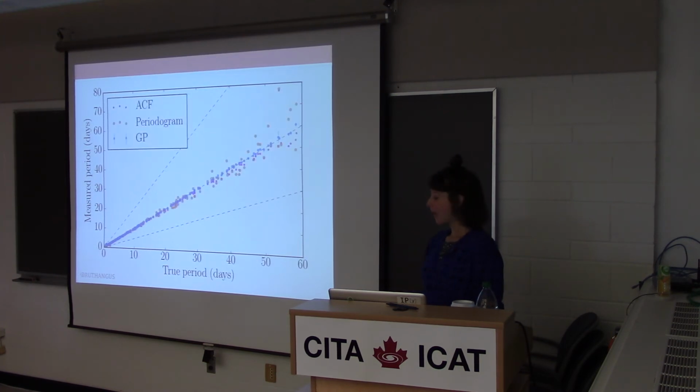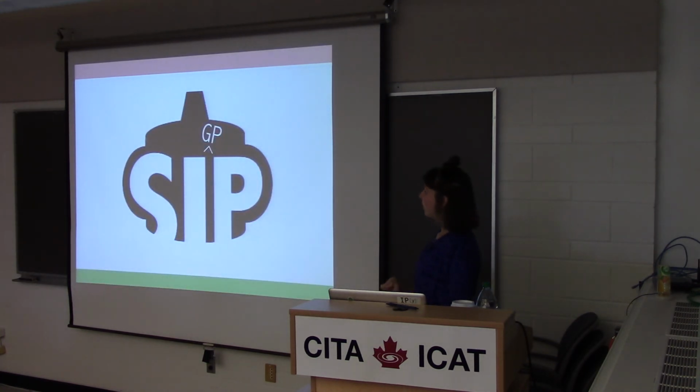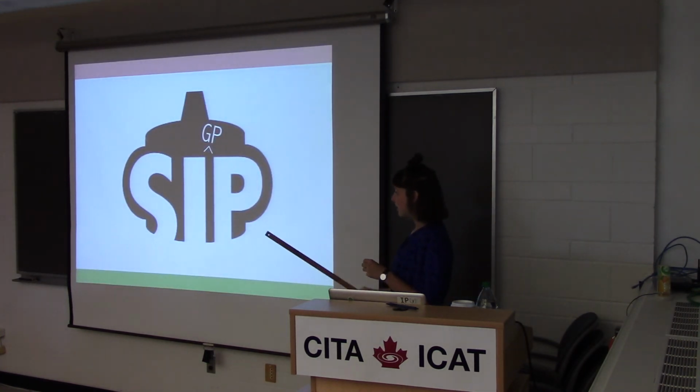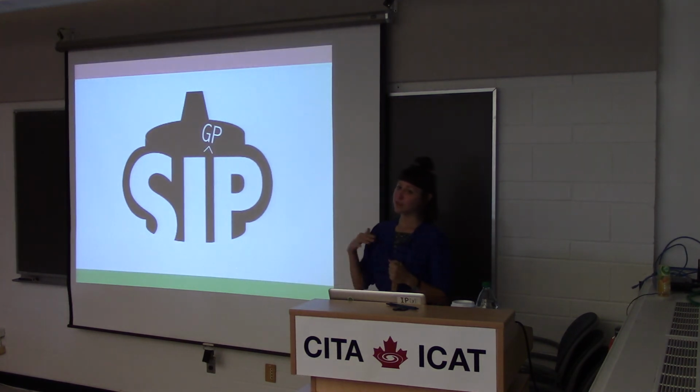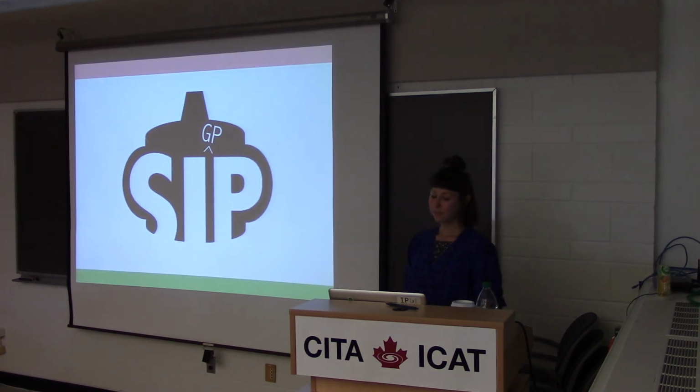So I've talked at length about how Gaussian processes are much better than periodograms. And so there's actually no reason why you can't use a Gaussian process systematics-sensitive periodogram. So we can actually use the Gaussian process for K2 data. We can also use it for Kepler data.